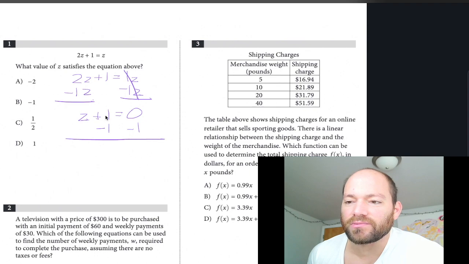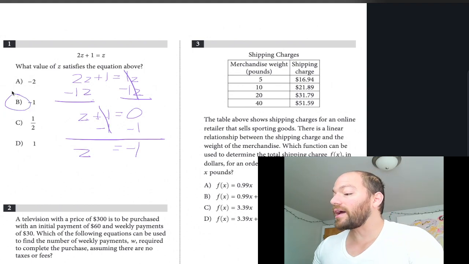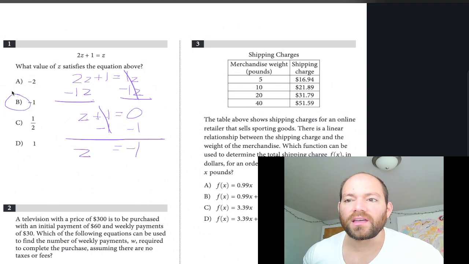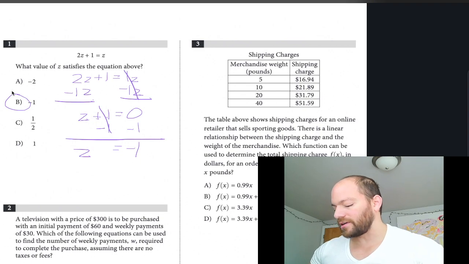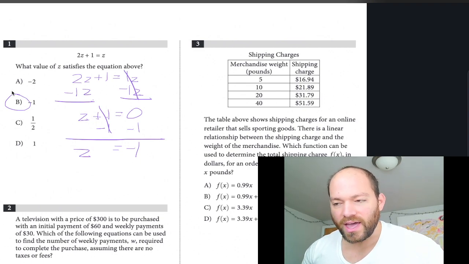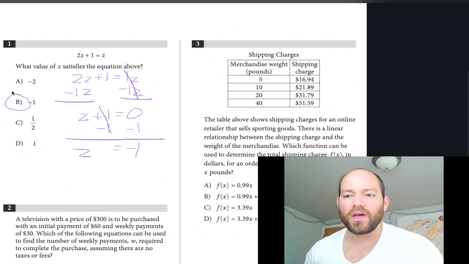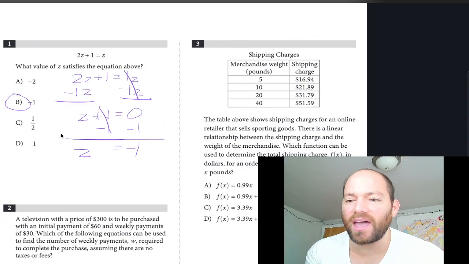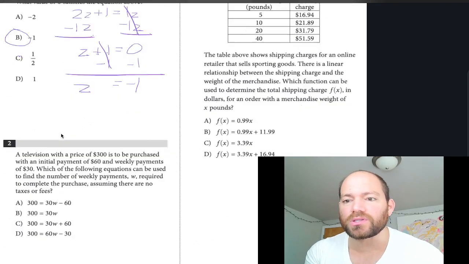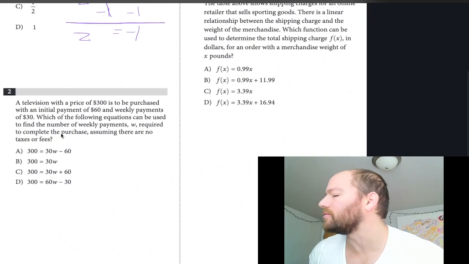Minus 1 to both sides. z equals -1. Again, I know that that's an easy question or whatever, but I'm trying to demonstrate for you the good habits that are important to have so you don't make those silly mistakes that keep mystifying you.